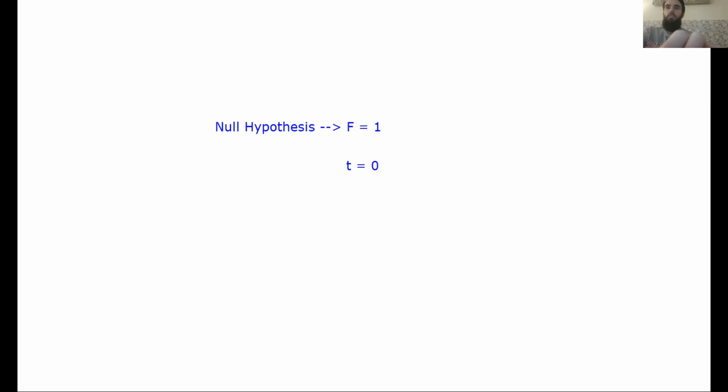But with ANOVA, you have the F instead of the t, and you have 2 degrees of freedom. One for the numerator of the ratio of the statistic, and one for the denominator of the ratio of the statistic.